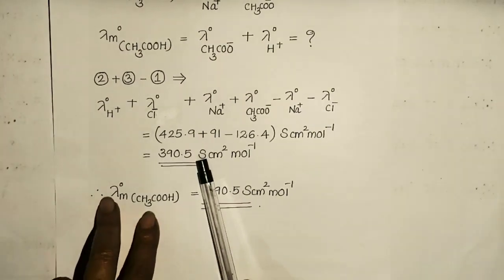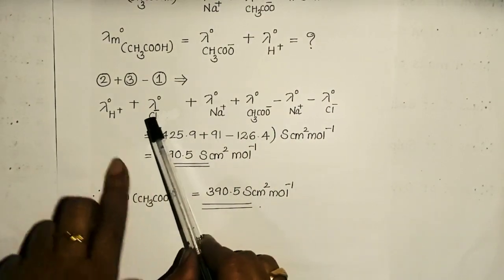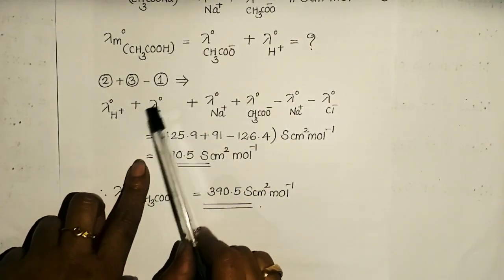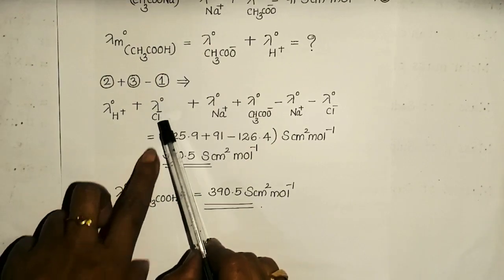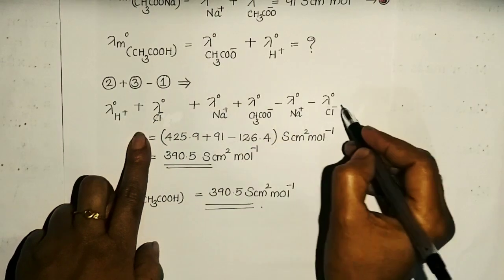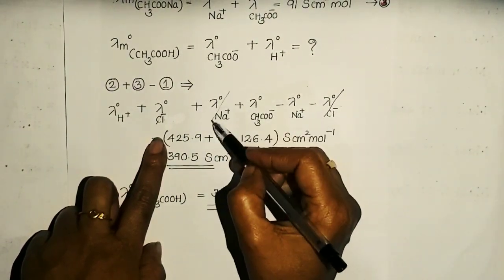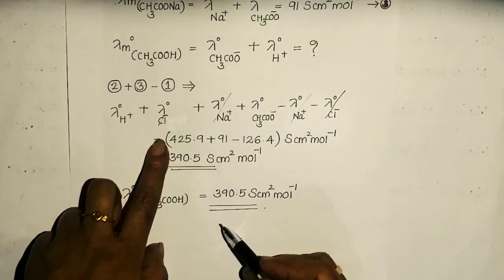So we can calculate the lambda 0. From this it is clear that lambda 0 of Cl- and lambda 0 of Cl- can be cancelled, and lambda 0 of Na+ minus lambda 0 of Na+ can be cancelled.